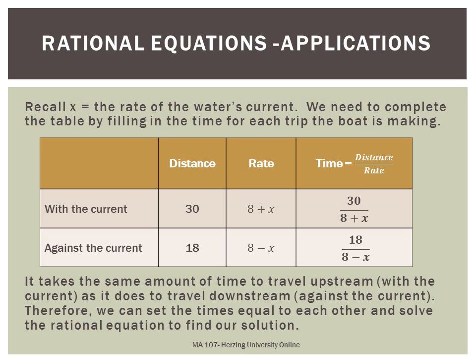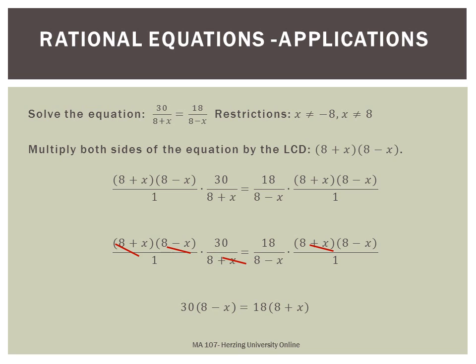It takes the same amount of time to travel with the current as it does to travel against the current. Therefore, we can set the times equal to each other and solve the rational equation to find our solution. Solve the equation 30 divided by 8 plus x equals 18 divided by 8 minus x.